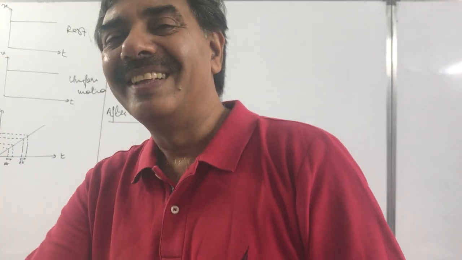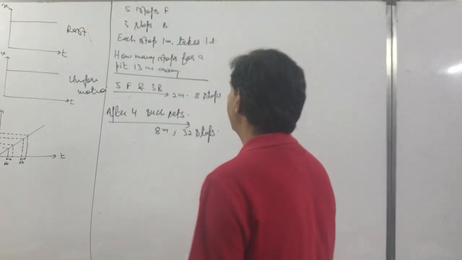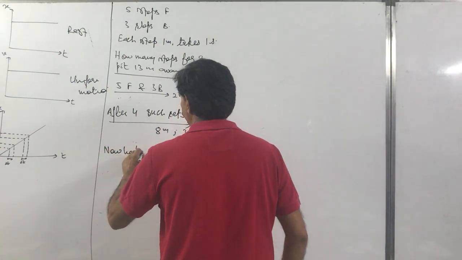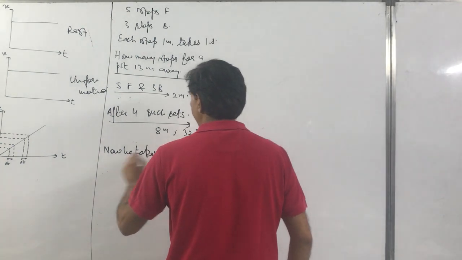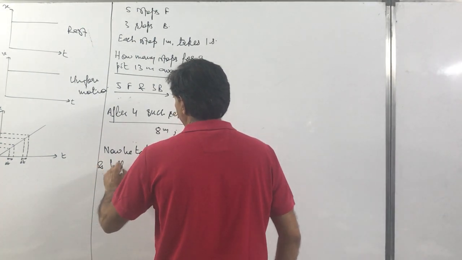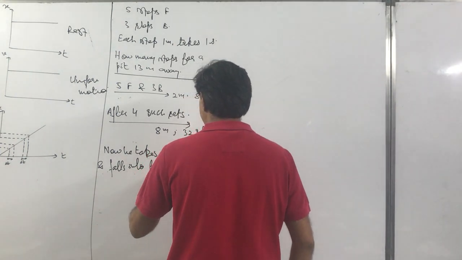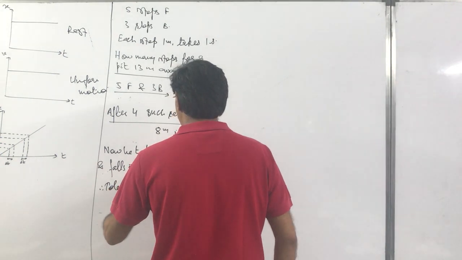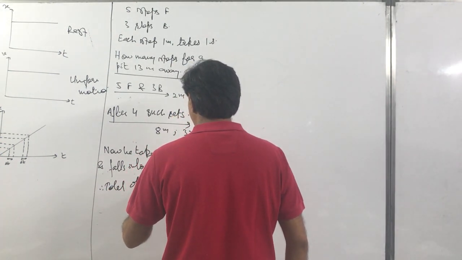Yes, you understood it. He will take 5 steps and fall into the pit. Therefore, a total of 37 steps.